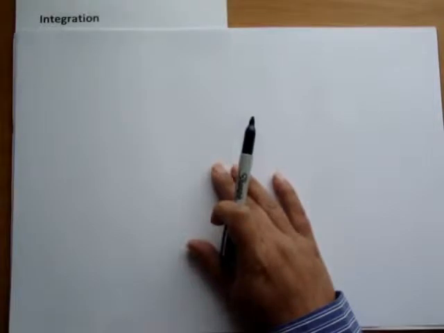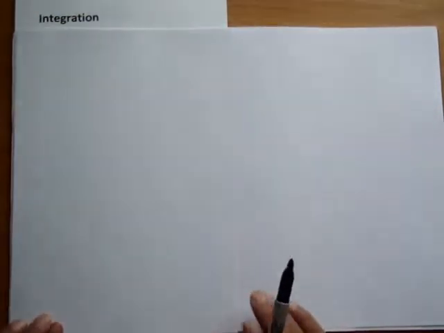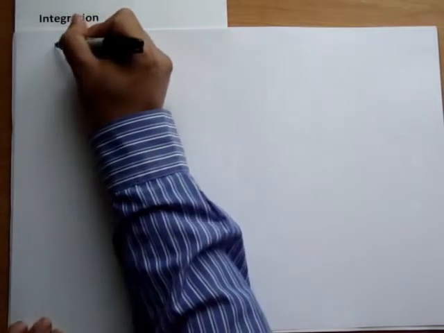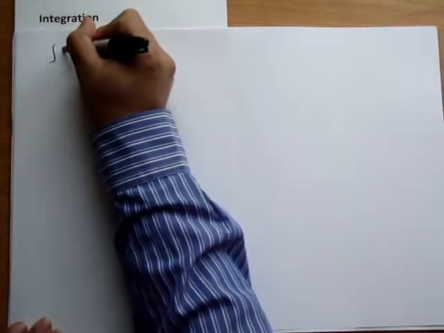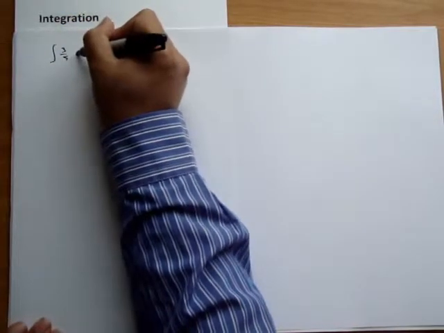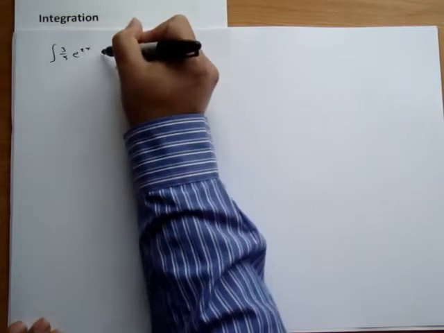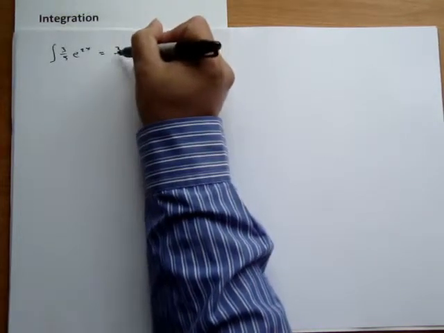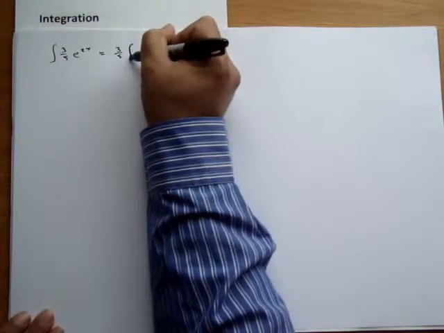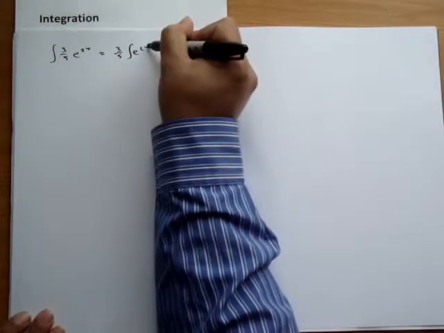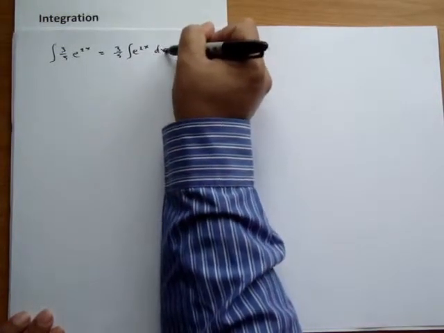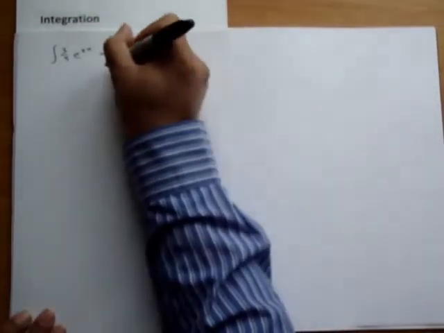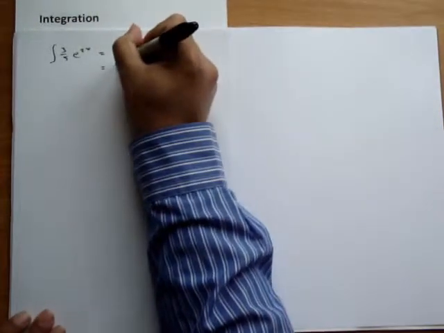Okay, let's go over some quick examples. If we integrate 3 over 5 e to the 2x, bring the constant to the front, then integrate e to the 2x dx, and this becomes 3 over 5.